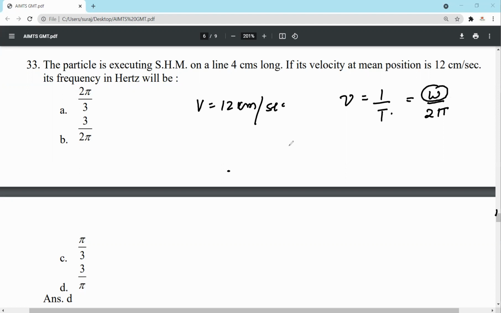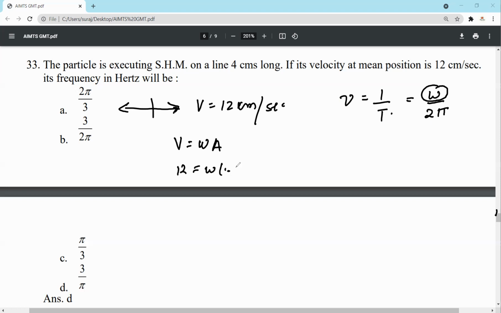Now how will you find omega? Velocity at mean position is 12 cm per second. V equals omega root over a squared minus x squared. X is 0, that means V equals omega a. So 12 equals omega times amplitude. The total length is 4 cm, so amplitude will be 2 centimeters.